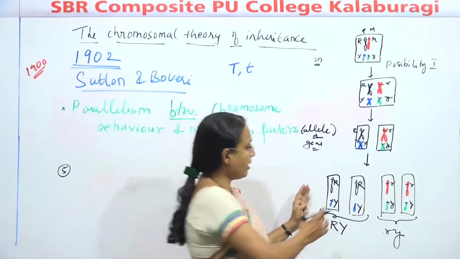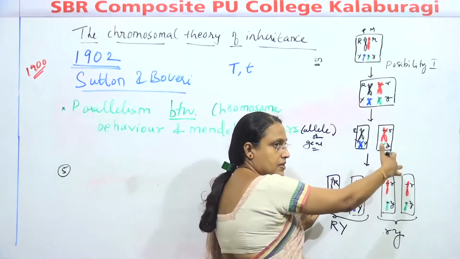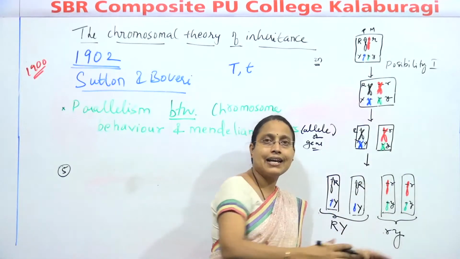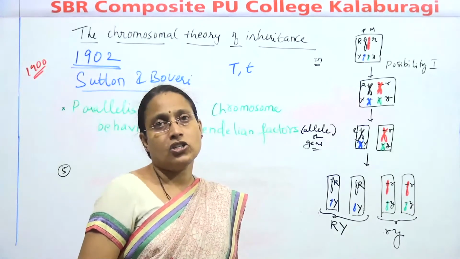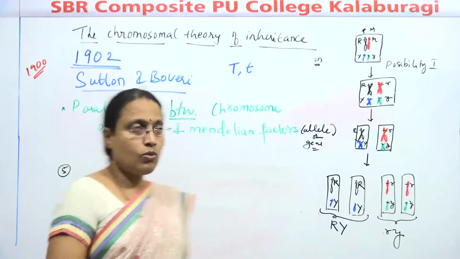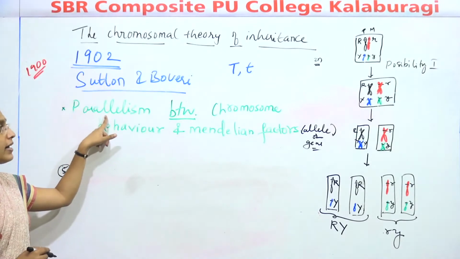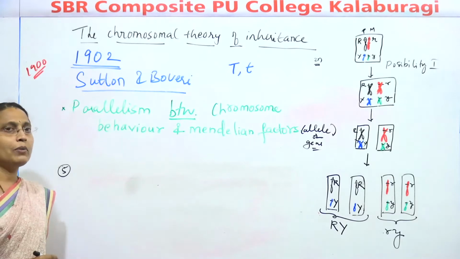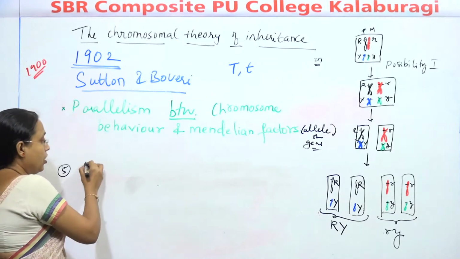So what you are seeing here is, in between these meiosis steps, chromosomes are getting segregated. It means chromosomes obey the law of segregation. Okay, this becomes the fifth parallelism or similarity between chromosomal behavior and Mendelian factor. What is the chromosomal behavior?